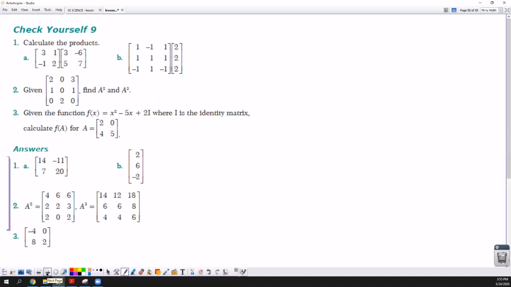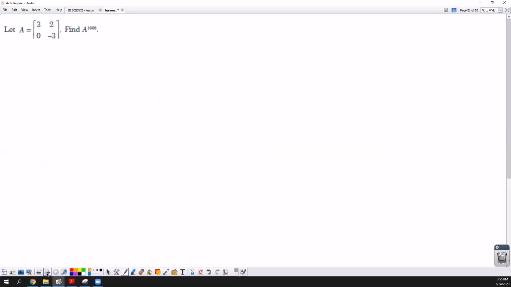Check yourself 9. Here we are going to find, given the matrix A as 3, 2, 0, negative 3, A to the power of a slightly very large power for us, 1986.